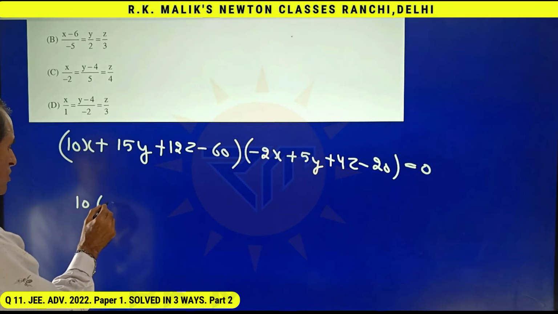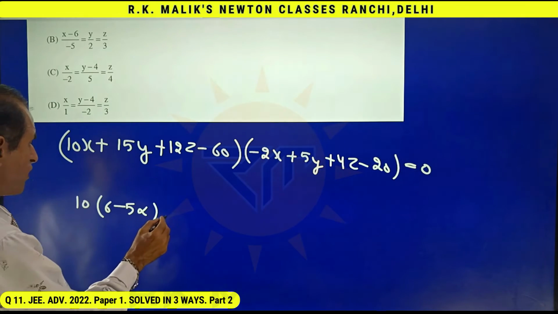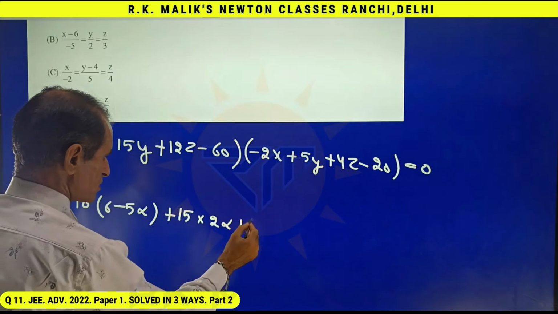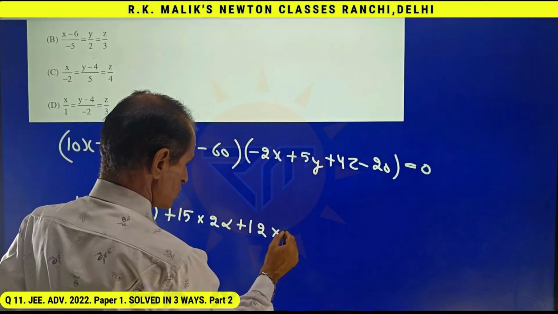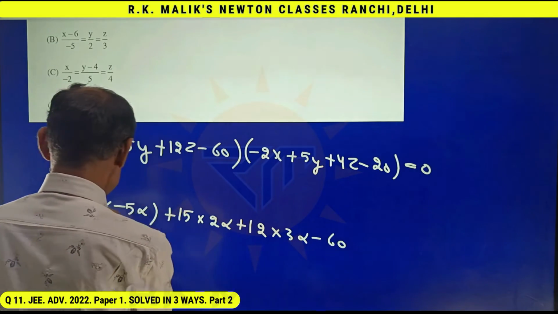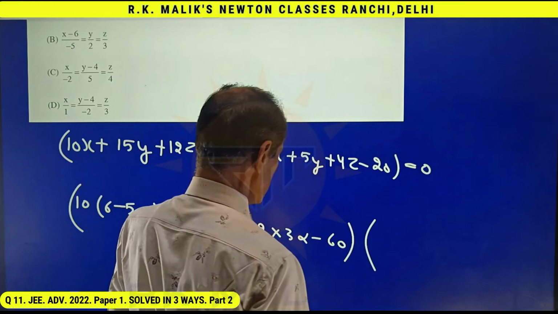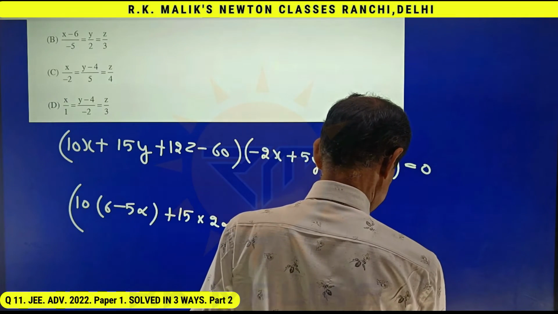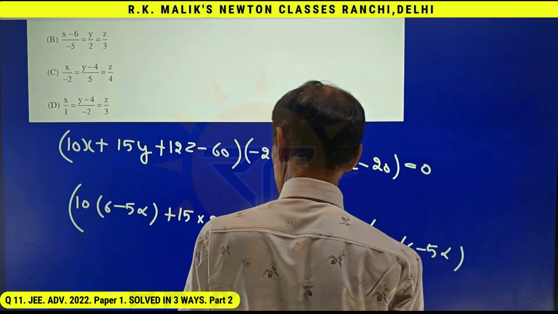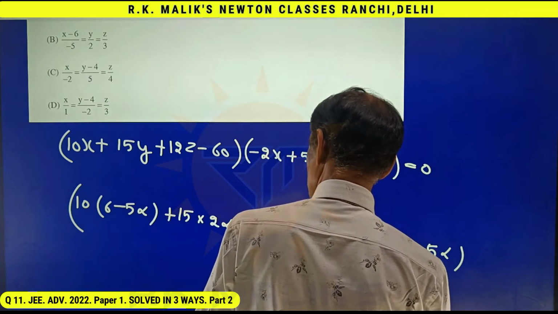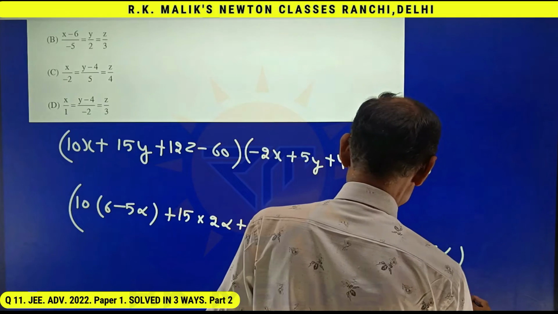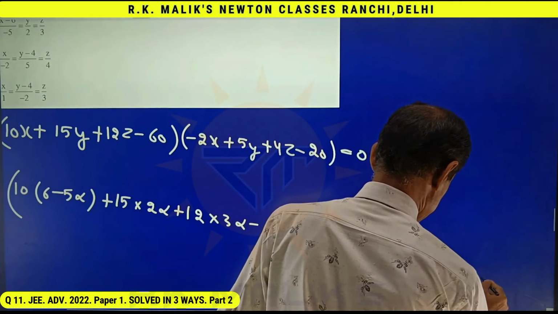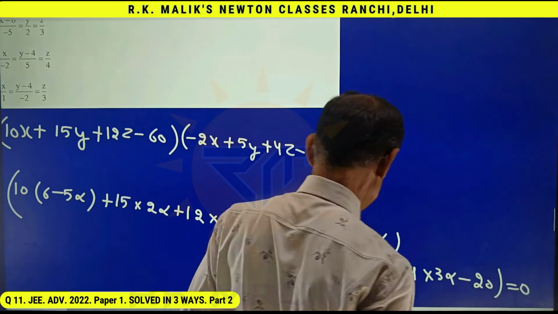10 into 6 minus 5 alpha plus 15 into 2 alpha plus 12 into 3 alpha minus 60 into minus 2 into 6 minus 5 alpha plus 5 into 2 alpha plus 4 into 3 alpha minus 20 equal to 0.